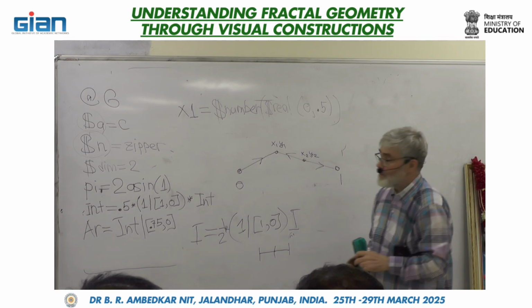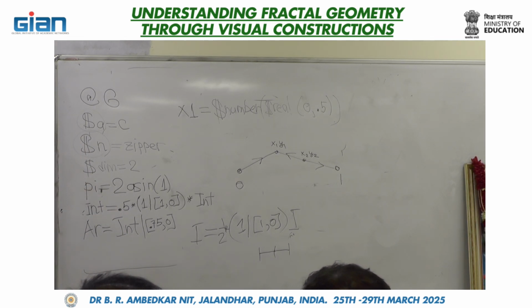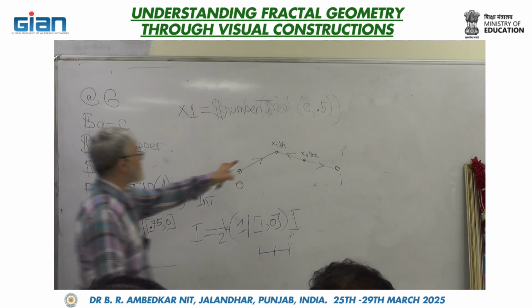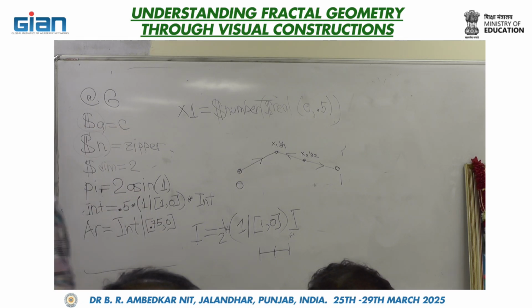So this program defines a zipper with 4 vertices and consisting of 3 segments. So here it is. It is not good that we choose this. I can make it a little better.